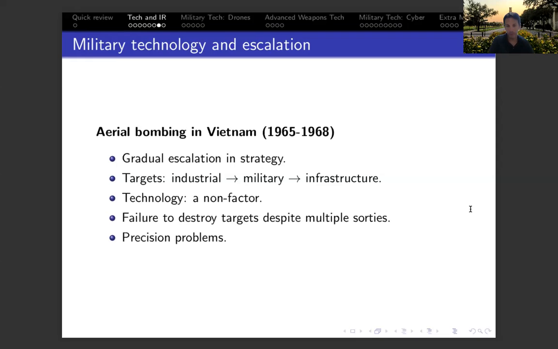So that's a lot of different attacks by different parts of the Air Force to actually destroy the targets that they were intended to hit. Essentially, they used multiple attacks and were unable to hit the targets because of precision problems. So that's the first part of her test.